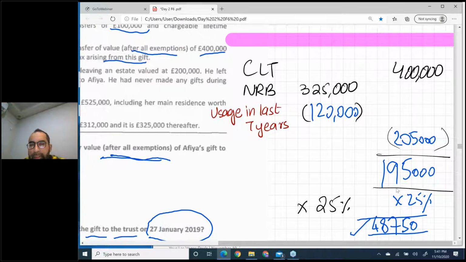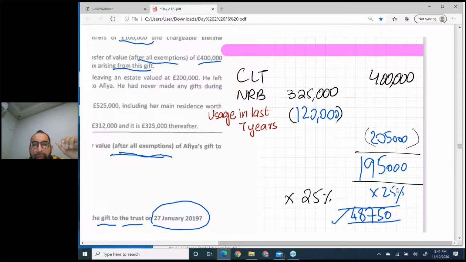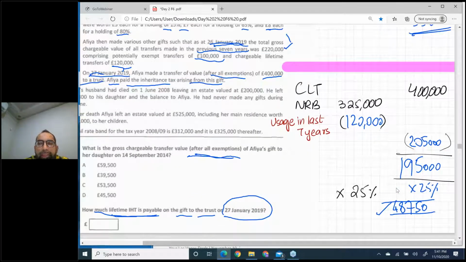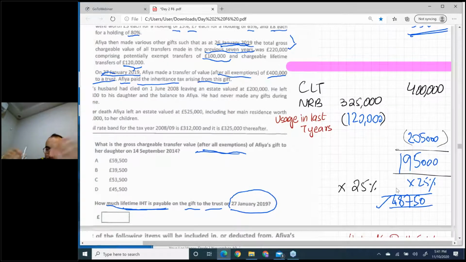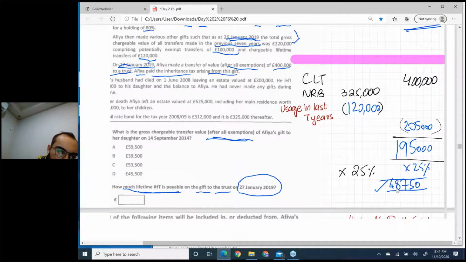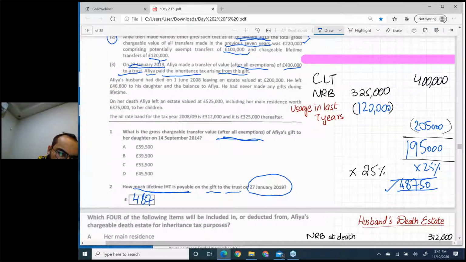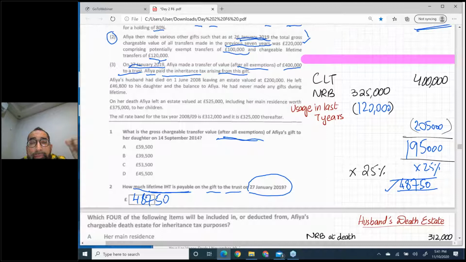You can see, the screen is in front of you. 48,750 is the answer. The answer of question number 2 is 48,750. It's not that difficult. Just trust yourself. Be confident.